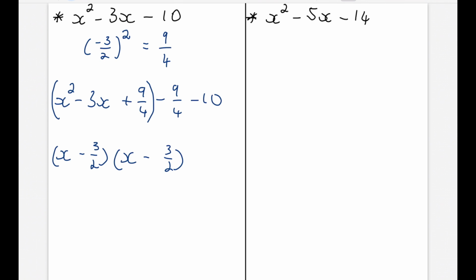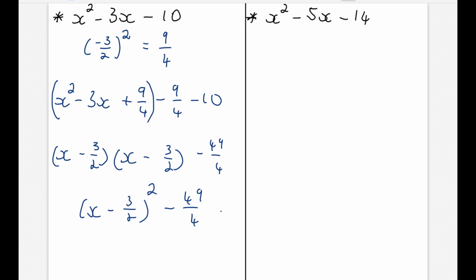Then put a minus and a minus since that's negative. Now, the rest, minus 9 over 4 minus 10, you can put in your calculator. Negative 9 over 4 minus 10, according to my calculator, is negative 49 over 4. So the completed square is x minus 3 over 2 squared minus 49 over 4.